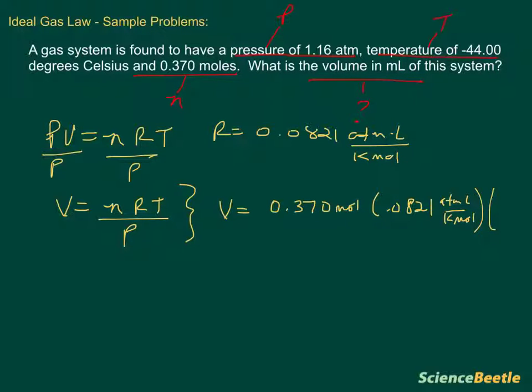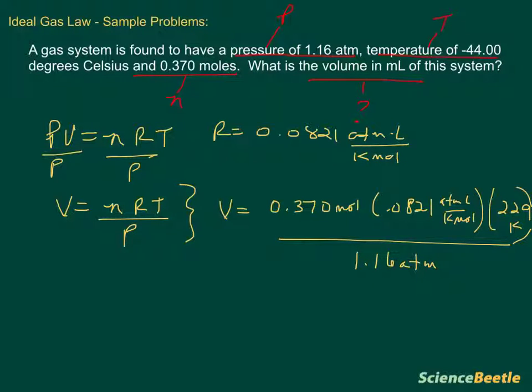In this case it's negative 44 degrees, so we take that Celsius value and add 273 so that we get the correct Kelvin number. The answer for that is 229 Kelvin. All of this is going to be divided by our pressure value, which is 1.16 atmospheres.